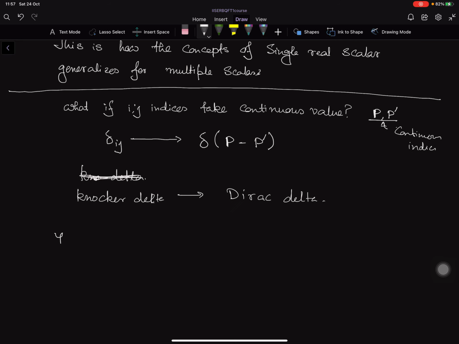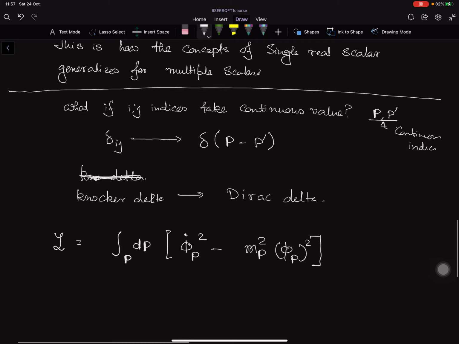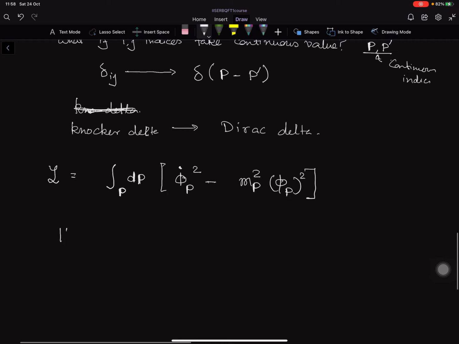In this case the Lagrangian is the integration over dp of φ̇_p squared minus m_p squared φ_p squared.